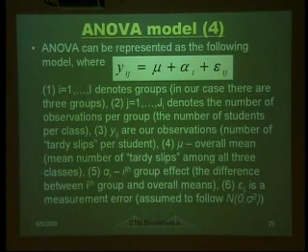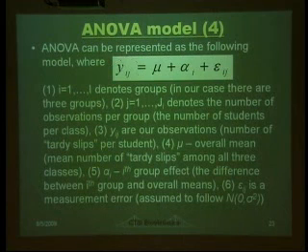Now, how can we describe ANOVA? What is ANOVA? The ANOVA test is actually based on the ANOVA model. And this ANOVA model is simple, because we have this small formula.